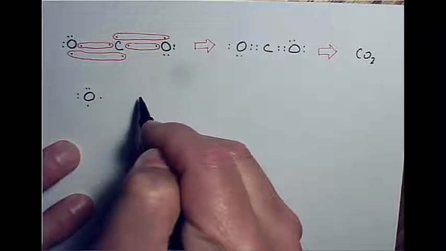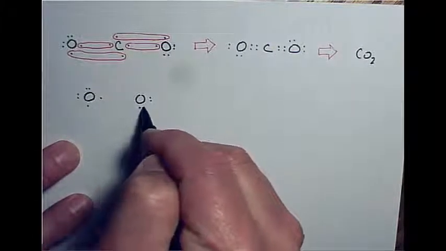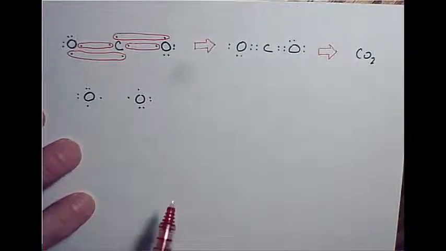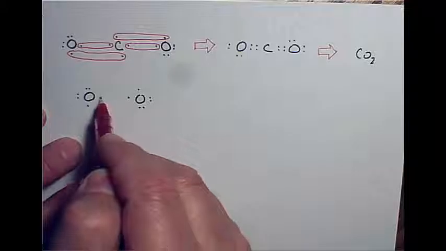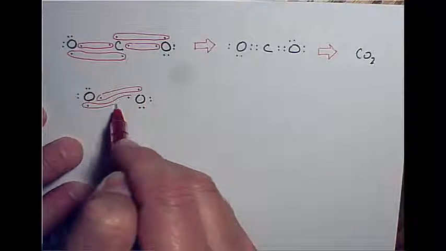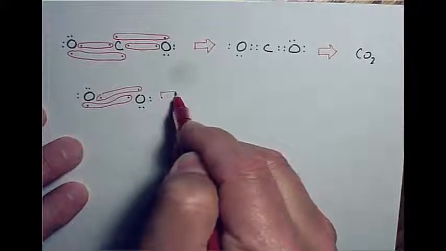So here's oxygen, which we just did, and here's another oxygen. And so the only way to get both of them to have 8 electrons is to bond twice.